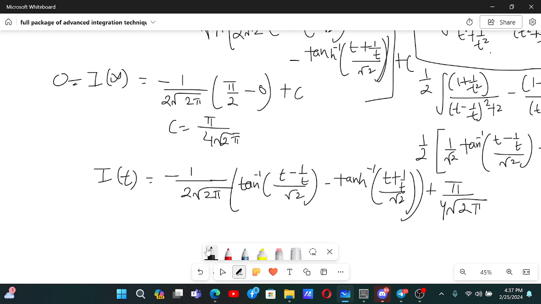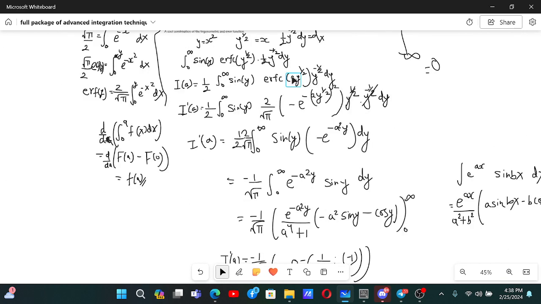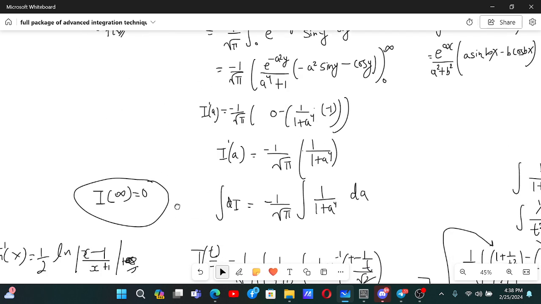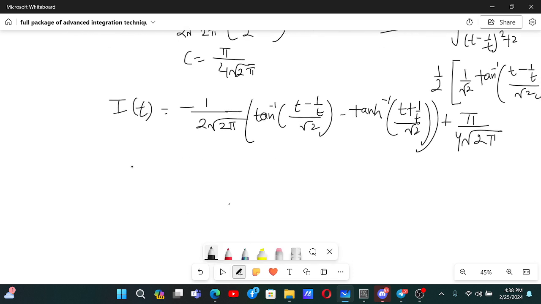Now our required integral is when a is 1. If a is 1, we have our required integral. So let's substitute a as 1, or t as 1 over here.